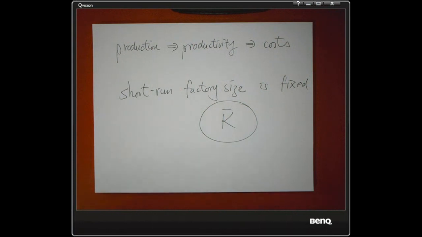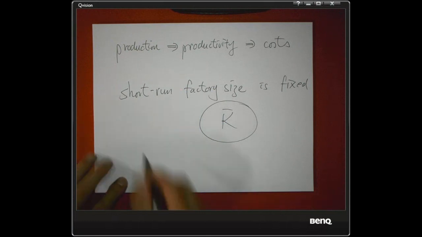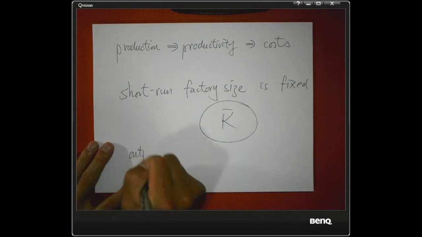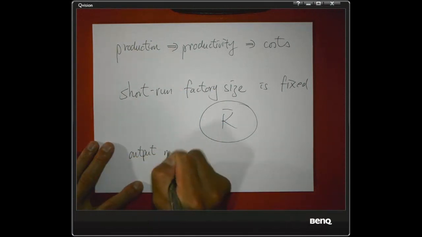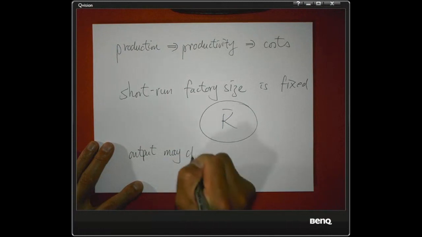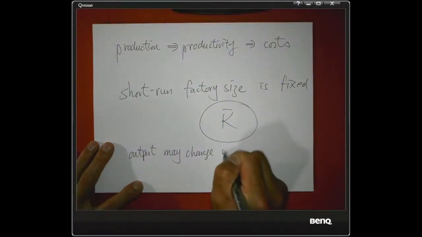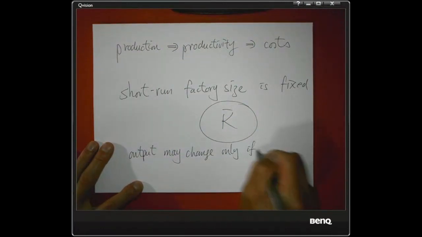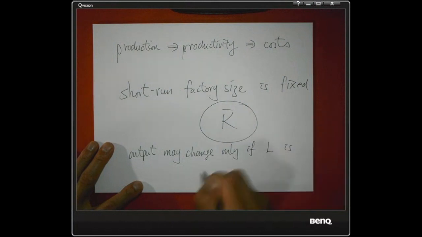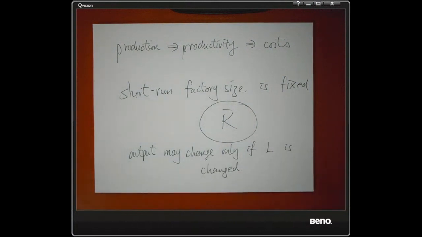The machines, everything in the factory is fixed. You don't have time to change machines or build a larger factory or downsize your factory. In other words, outputs may change only if labor inputs is changed.